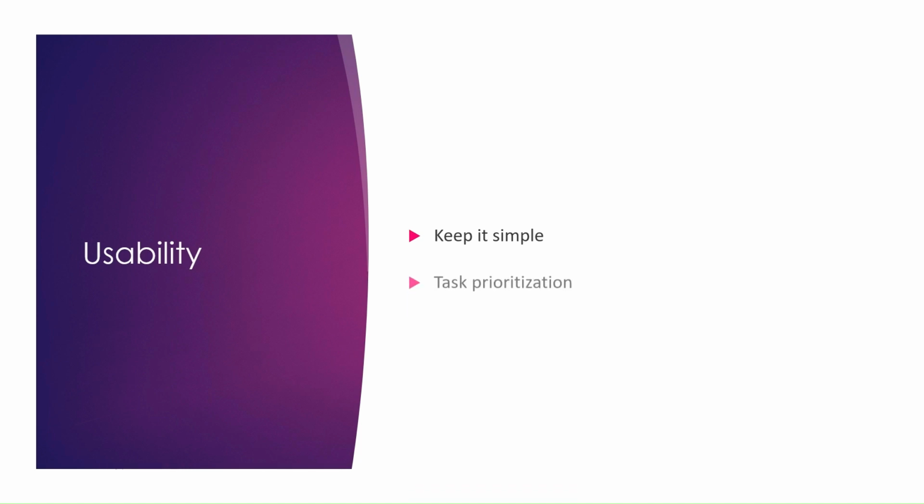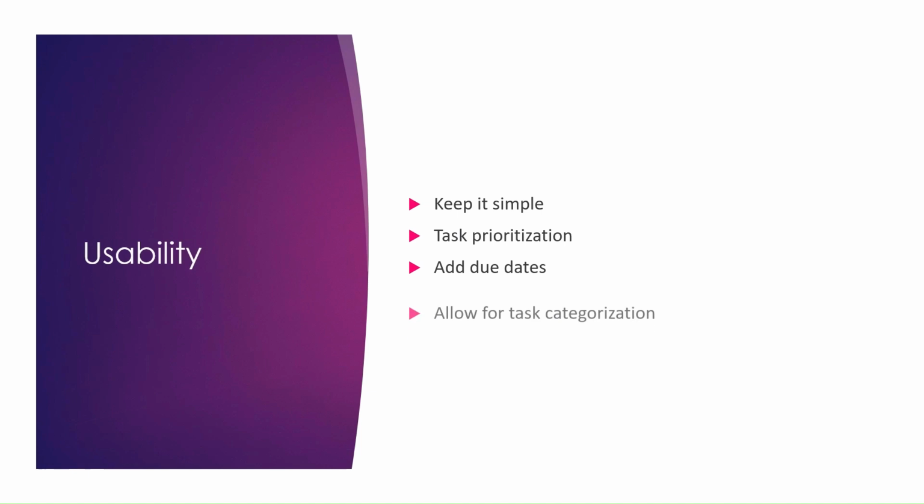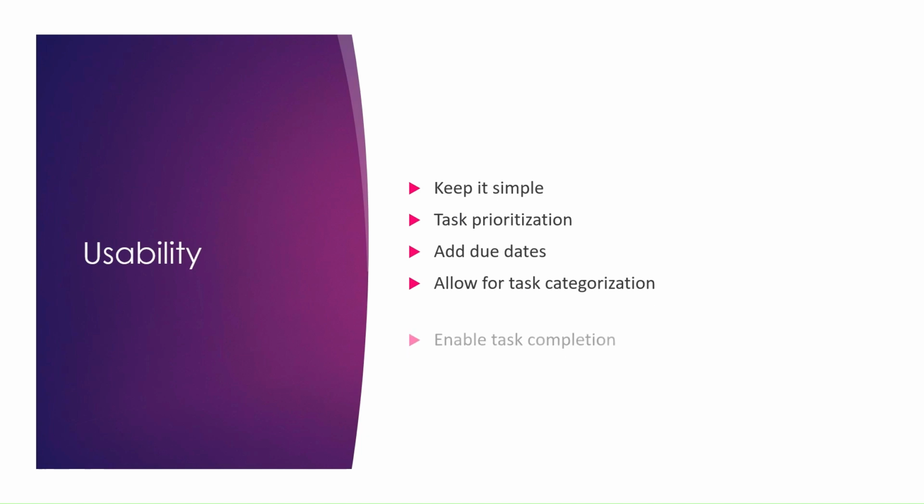Another one is task prioritization. Allow users to prioritize their tasks to ensure they are focusing on the most important ones first. Then, add due dates. It helps users prioritize and manage their workload. Next one is to allow users to categorize their tasks based on project or topic to help them stay organized.